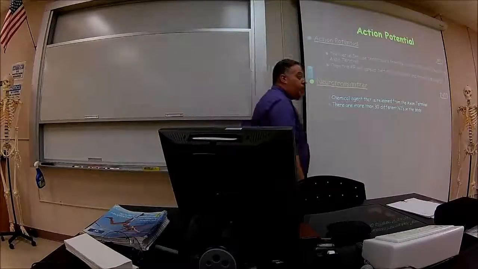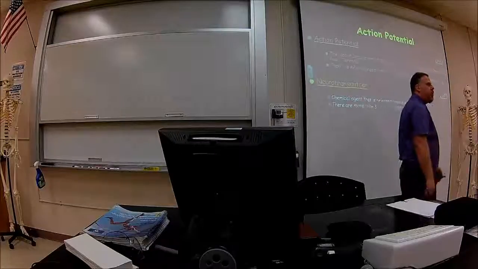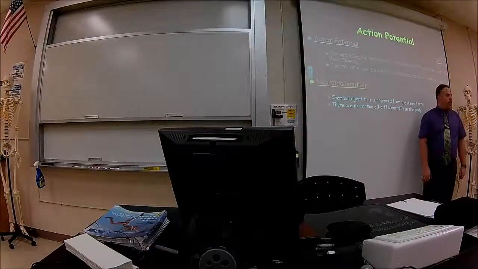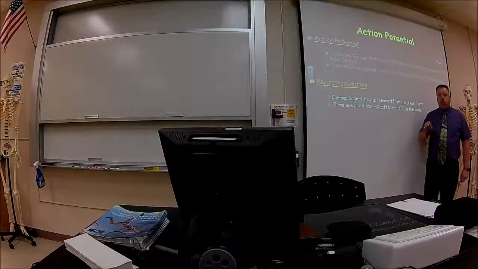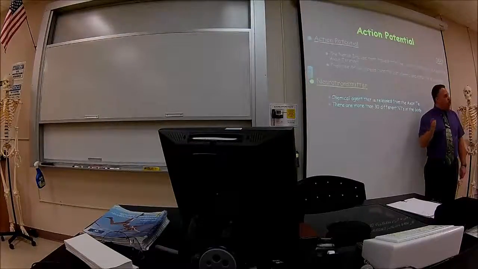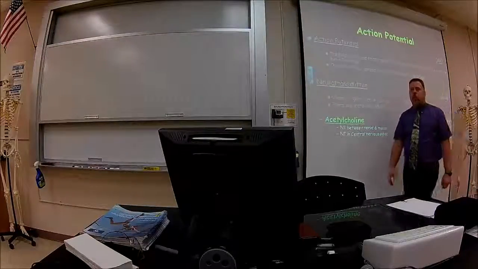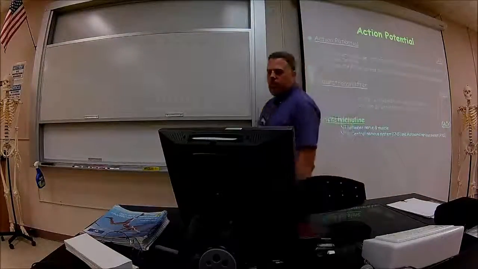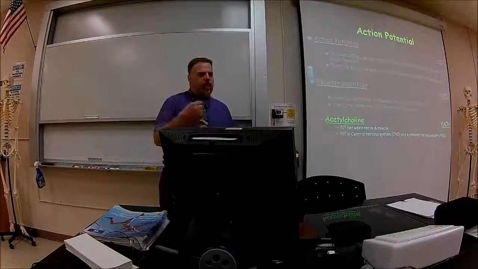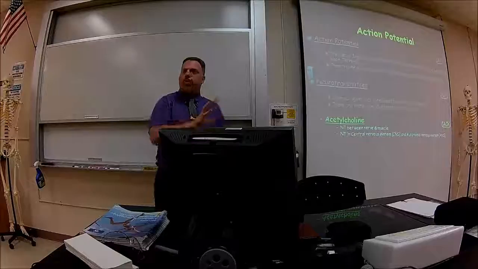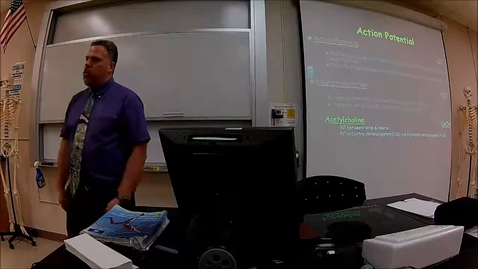There's probably about 50 or 60 of them throughout your entire body. We're only going to be dealing with about a dozen of them. The one we're dealing with now, at this neuromuscular junction, is called acetylcholine. That's the chemical that comes off the nerve to go to a receptor on the muscle.